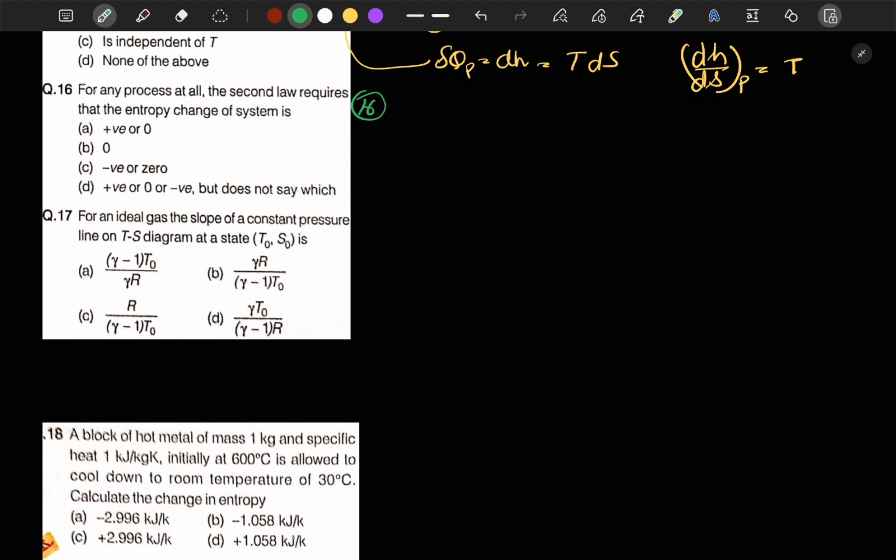But here, for any process, the second law requires that entropy change of the system. Okay, so if we talk about entropy change, we can also say that entropy of the system will be always greater than equal to 0.